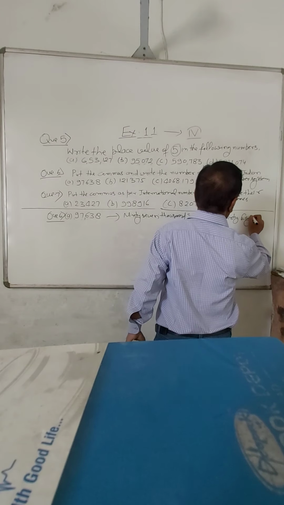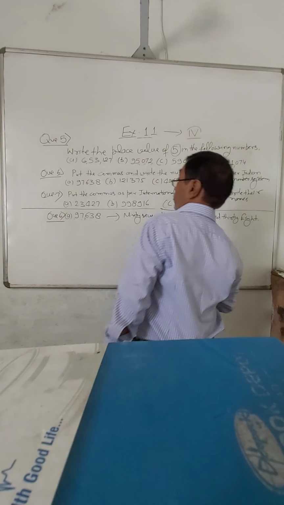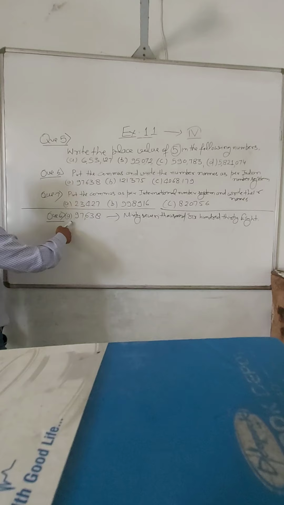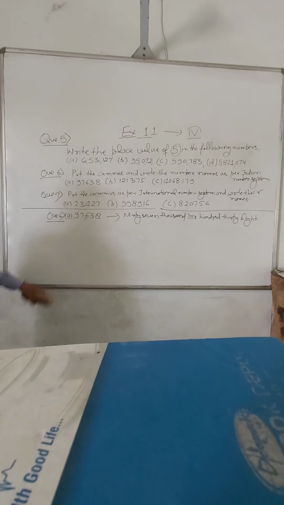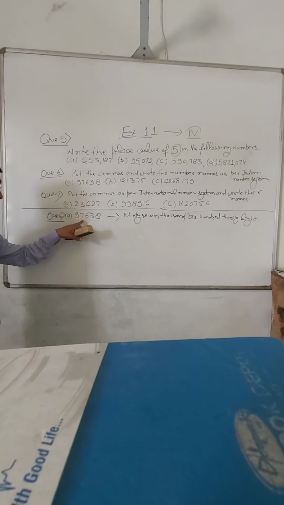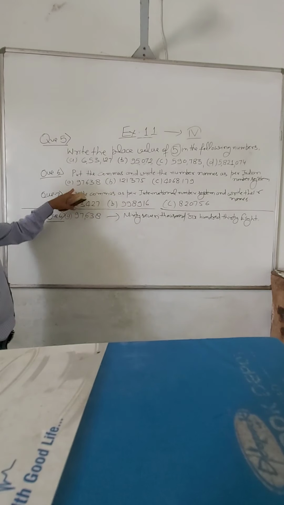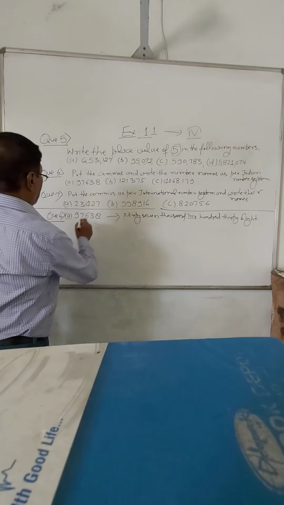This is the number name. Put the comma according to the Indian system, and after that, write the number name. So this number name is 97,638.